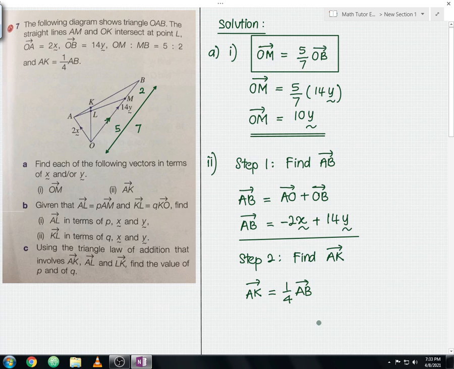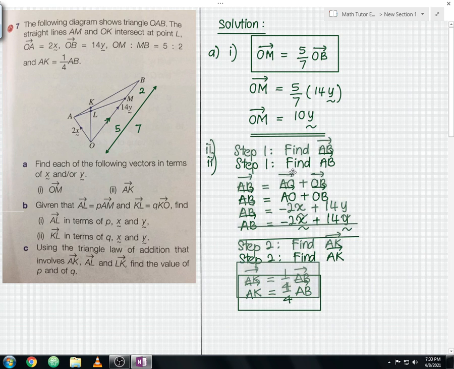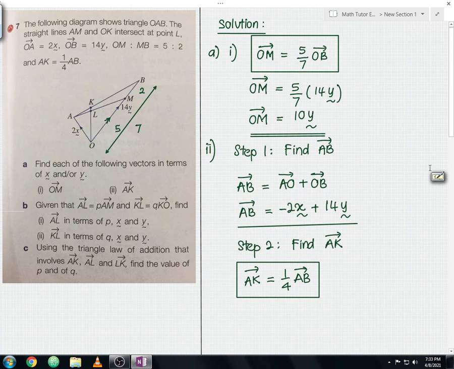Let me box this. Let me just pull this up a bit. Okay, now it's better.